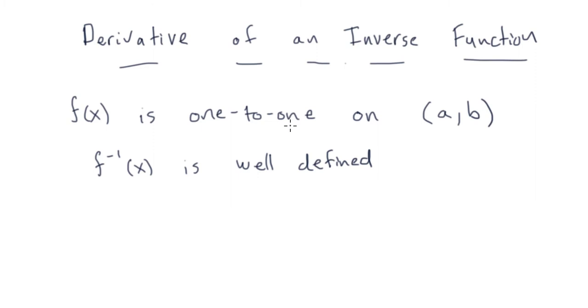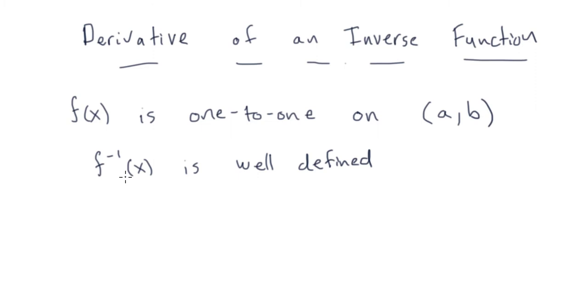Okay, so this is like the situation when we have an exponential function. So if f of x is an exponential function, it's going to be 1 to 1 for all real numbers. And then the inverse is well defined, and the inverse is the logarithmic function.